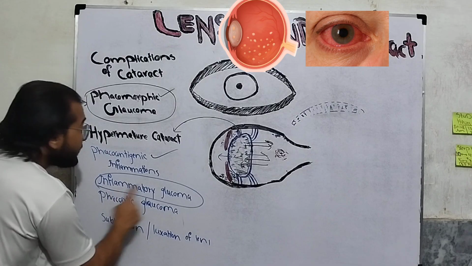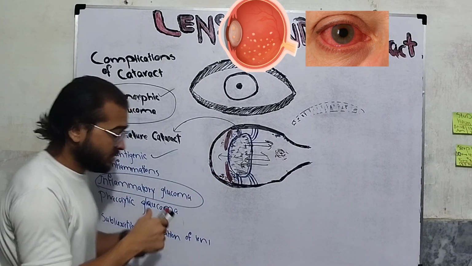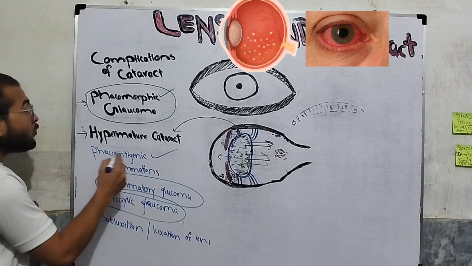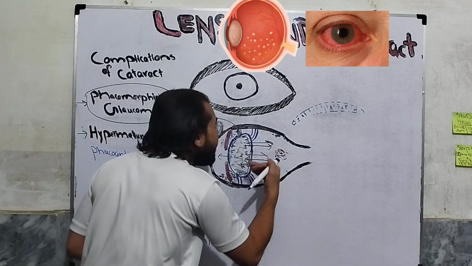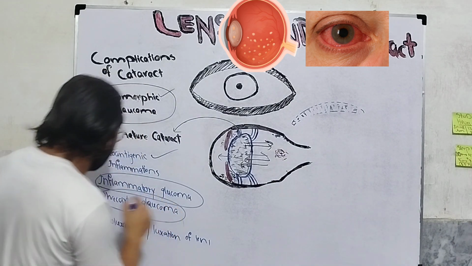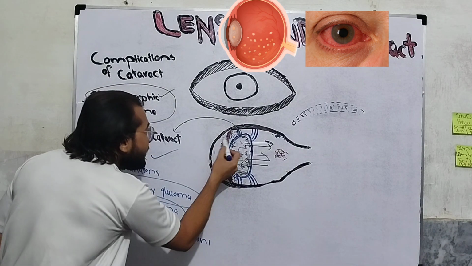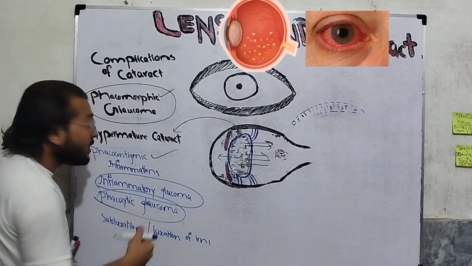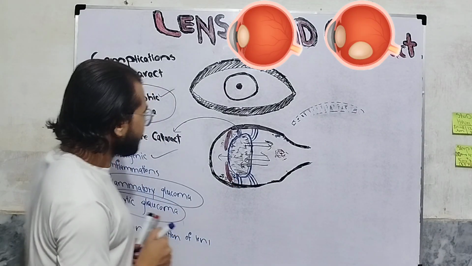This will cause a glaucoma which is called phacolytic glaucoma. So due to the proteins coming out of the lens, different inflammation can be there: we can have inflammation and inflammatory glaucoma, and we can have direct deposition and phacolytic glaucoma.